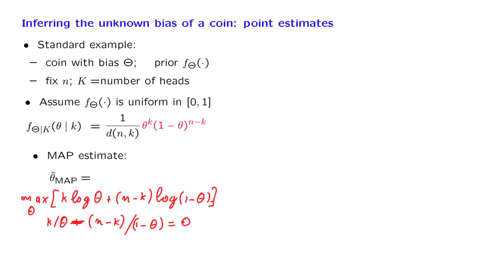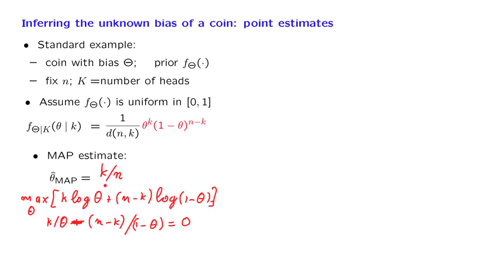We carry out the algebra, which is rather simple, and the end result that you will find is that the estimate is equal to k over n. Notice that this is lowercase k. We are told the specific value of heads that has been observed, so little k is a number, and our estimate accordingly is a number.